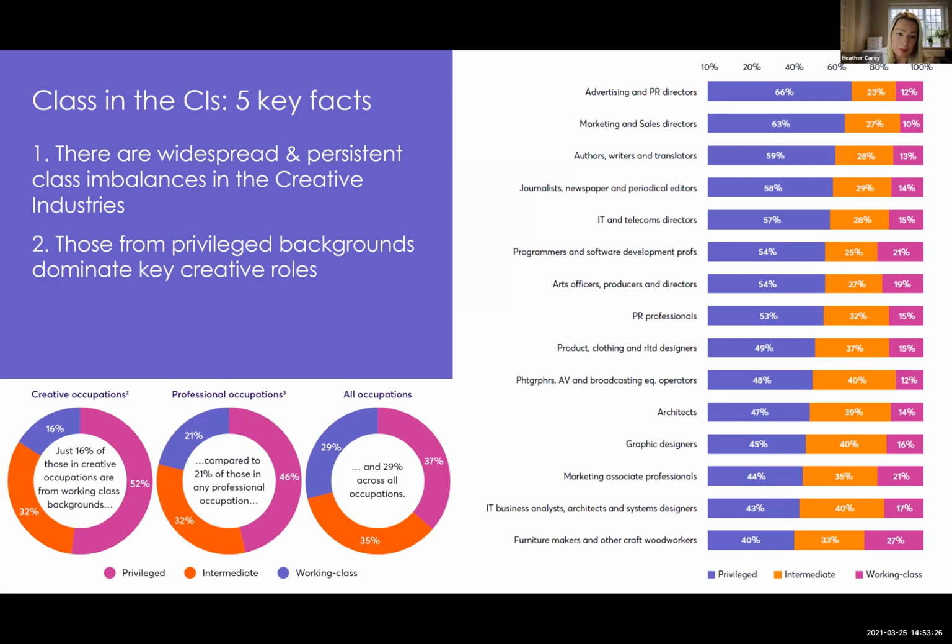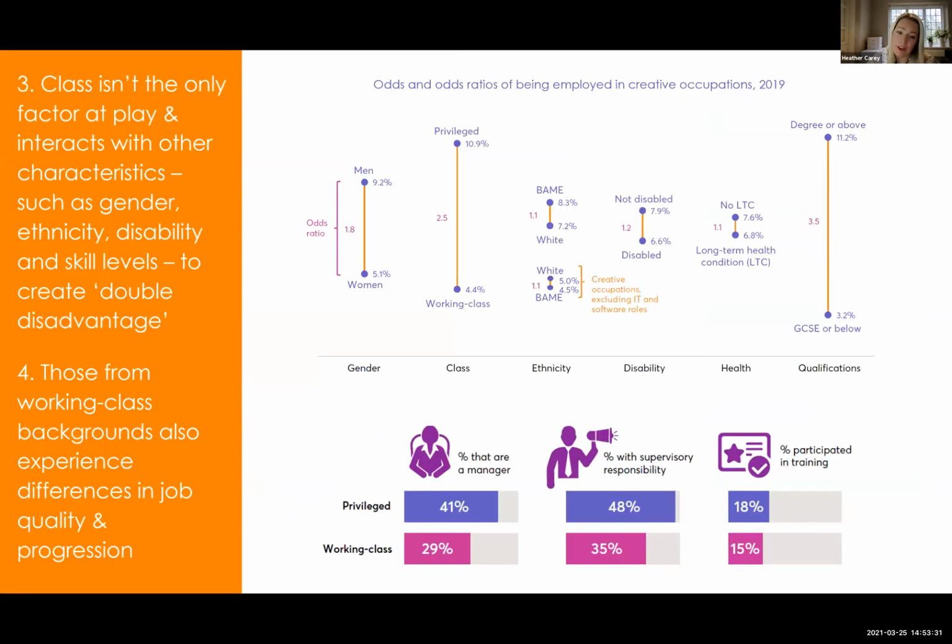were particularly pronounced. Moving on to the next slide, we sought to understand the role of class in influencing outcomes. And I think what it told us is that we know class isn't the only factor at play here, and the data, we can look at wider inequalities and exclusions associated with somebody's gender or ethnicity, whether they have a disability or long-term health condition, and their skill levels.